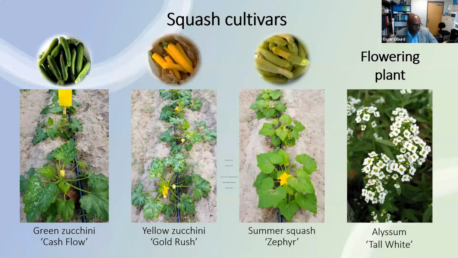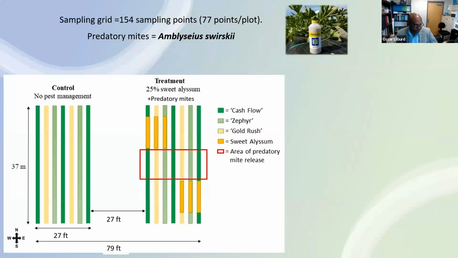They were looking at different varieties, or different cultivars, of squash: Cash Flow, Gold Rush, Zephyr, and the sweet alyssum we used was a variety referred to as Tall White. So we looked at these three different squash cultivars and the Tall White variety of sweet alyssum.